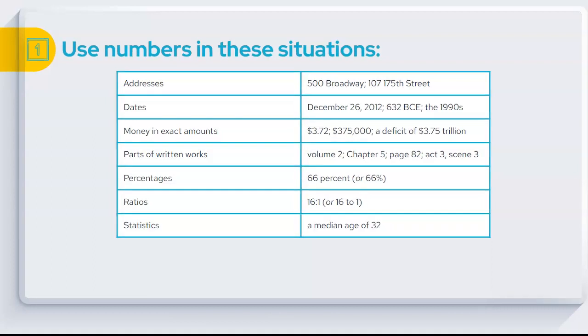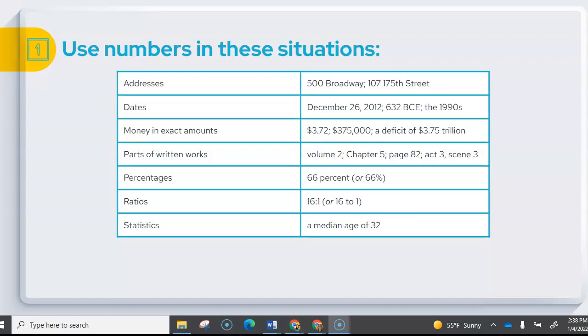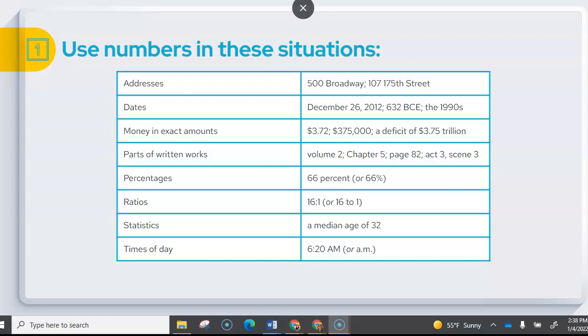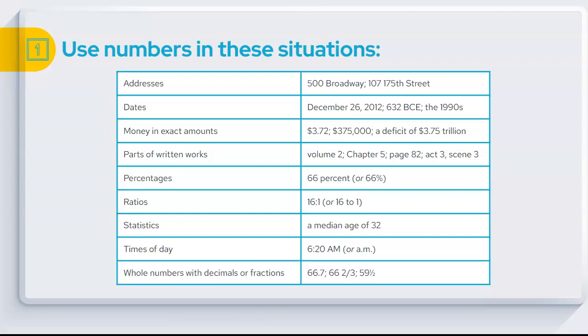Use numerals for statistics like age or years of service. Times of day are always written as numerals. As are whole numbers with decimals or fractions, regardless of whether it's 66.7, 66 2/3, or 59 1/2.